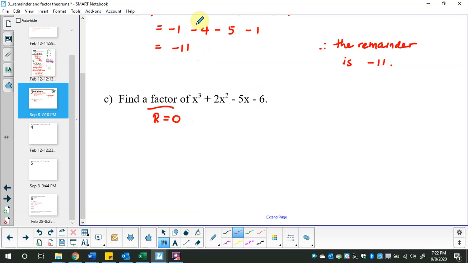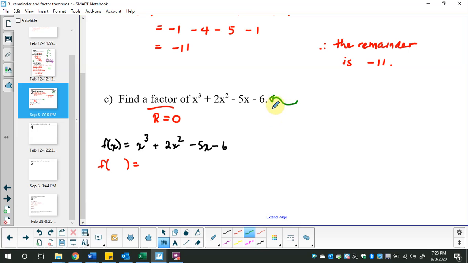Now that seems a little bit tedious, possibly. So there is a way to narrow down your guesses. Sometimes it's logical, and there's at least one question in here where it is logical. But there's another tiny little way to take care of it, and it is by looking at the constant.